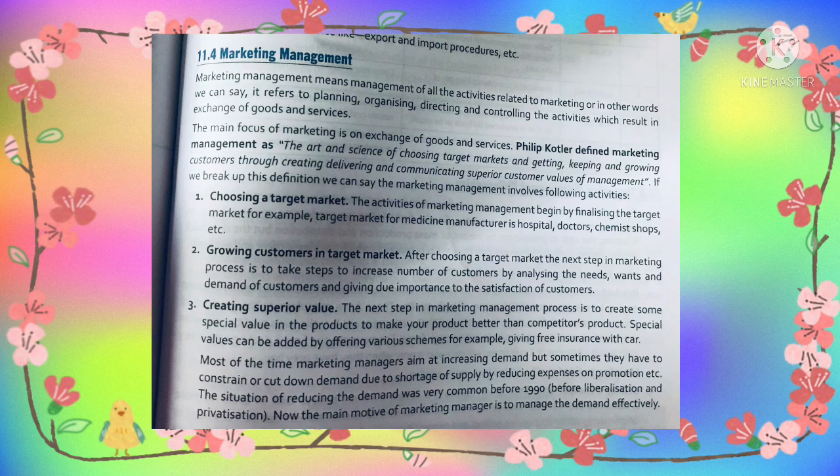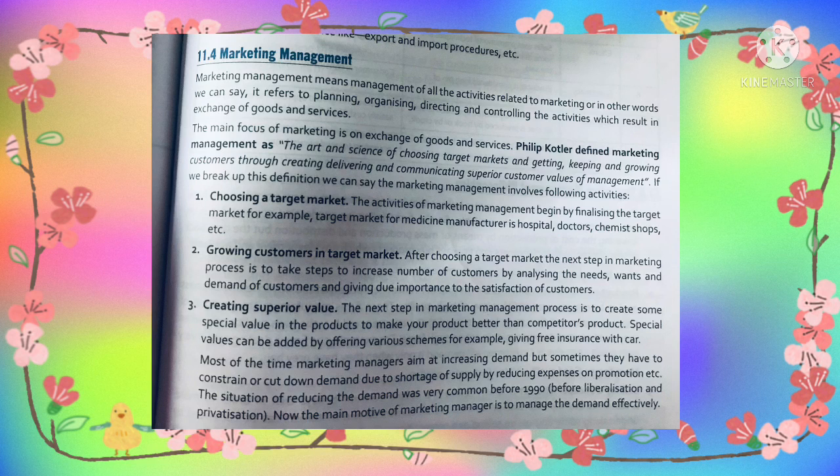If we break up this definition, we can say that marketing management involves the following categories: choosing a target market, growing customers in the target market, and creating superior values. Now let us go into detail.